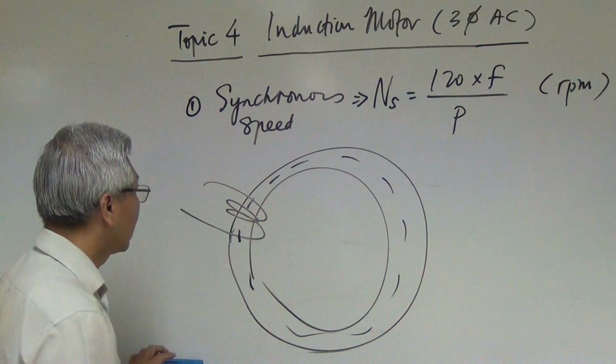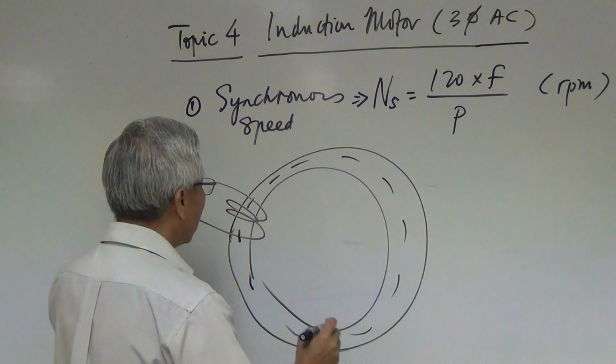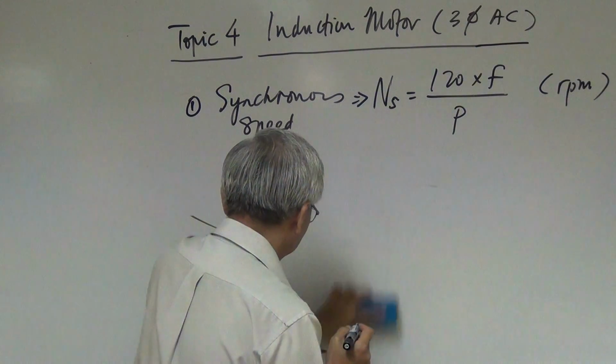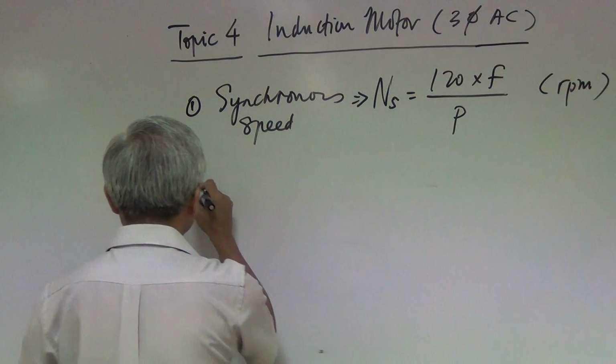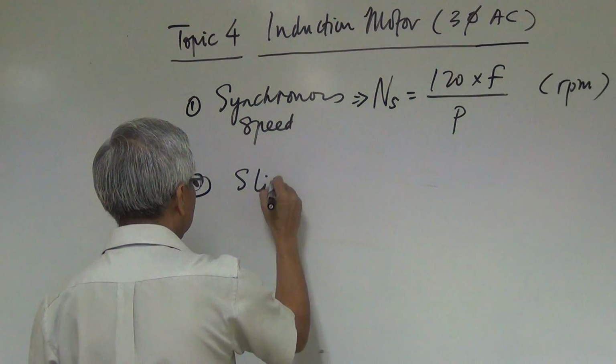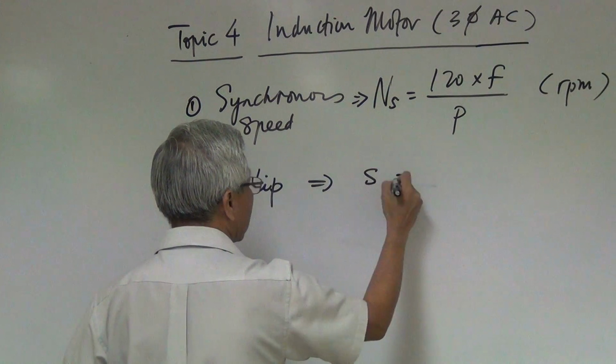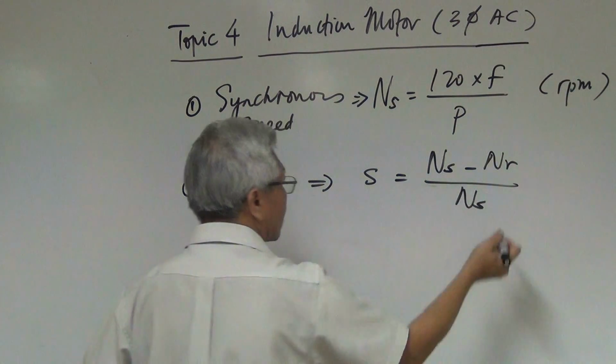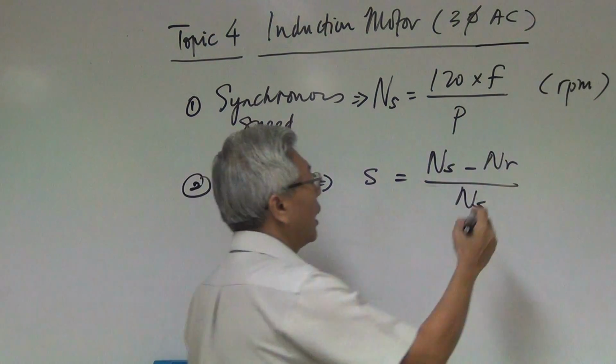Right? Okay, the second formula is called the rotor slip. The second one is called slip, slip. Right, slip is equal to Ns minus Nr divided by Ns. Right? Now what is Nr? Nr is the rotor speed.